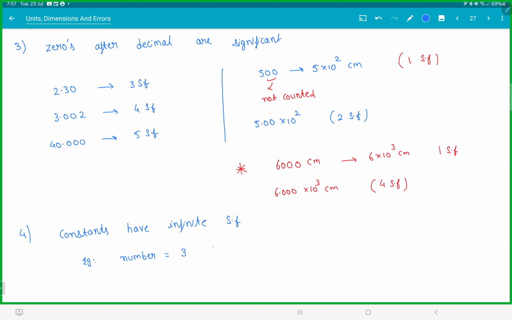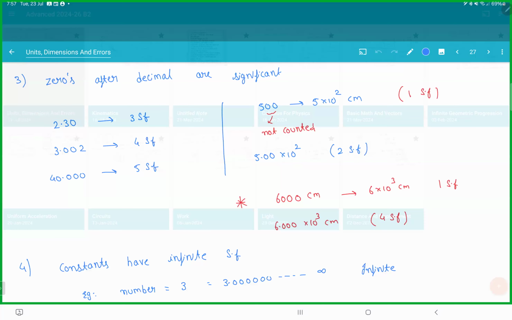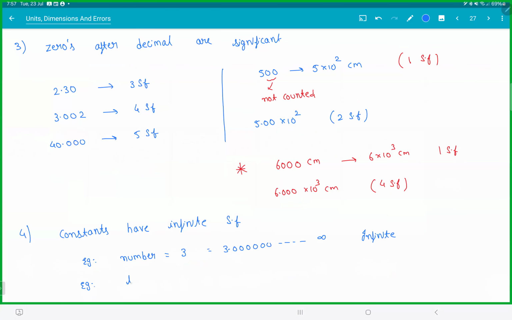You're pretty sure. 3.0000 means you're sure up to the last digit. It has infinite SF. There is no 3.01 apple. There is no 2.91 apple. It is 3 apples. But same thing, if you come and tell me length is 3 centimeters, so measurements have errors. So this thing has 1 SF.